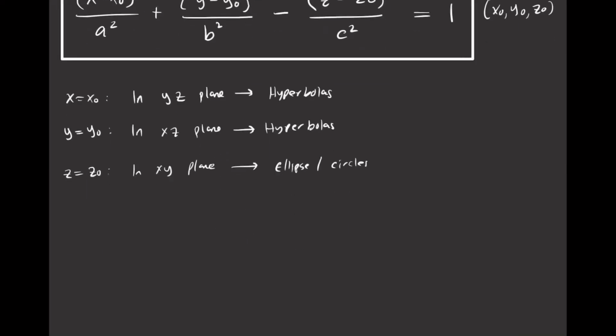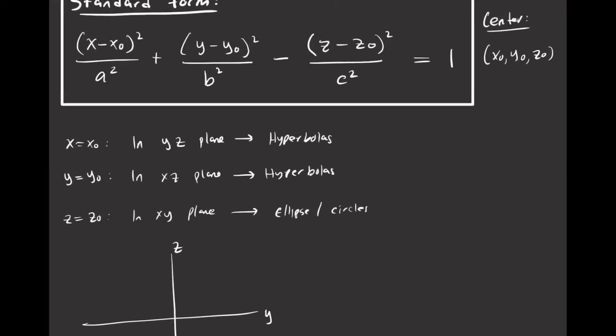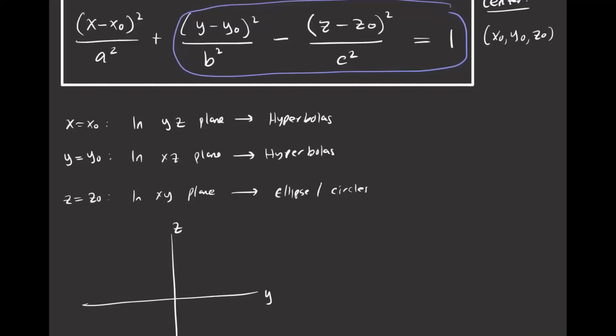So let me show you how it looks in the yz plane, and then I'll show you the 3D image, just one trace. So here's our yz plane. We know it's a hyperbola, so for that, I'm going to ignore the x component and only focus on these variables right here. So it's going to be a hyperbola centered at some y0 and z0. Let's assume they're at 0.